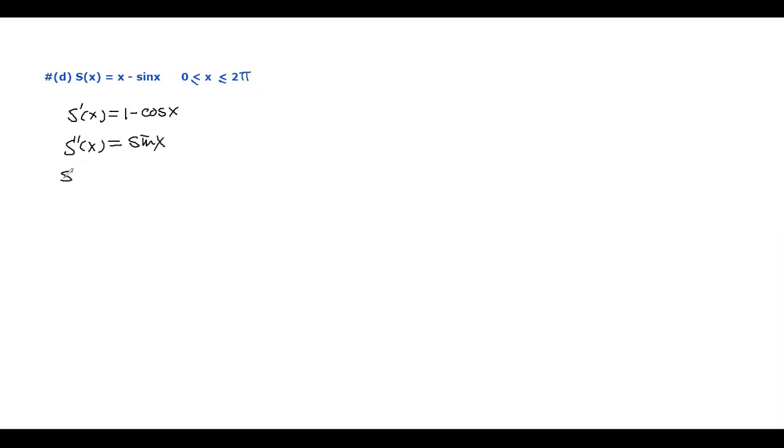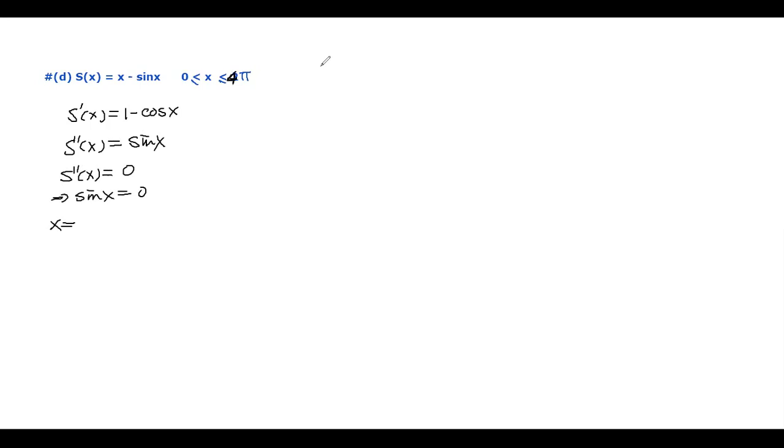Okay, so now you set the second derivative equal to 0. That means sine x equals 0. When x equals... oh, I'm sorry, here it is 4 pi. Okay, so here is 4 pi.